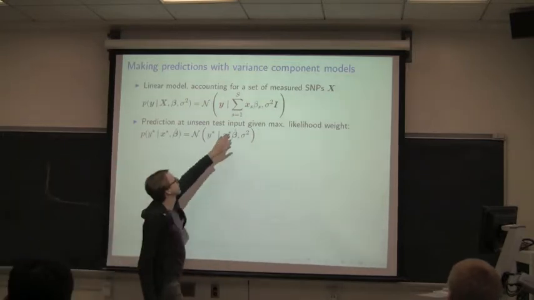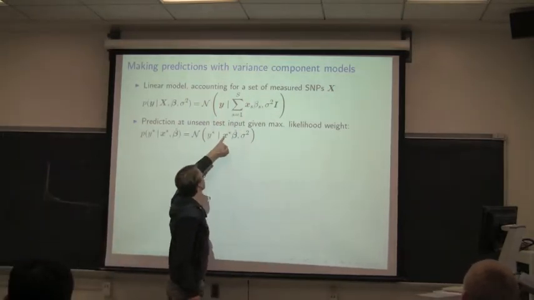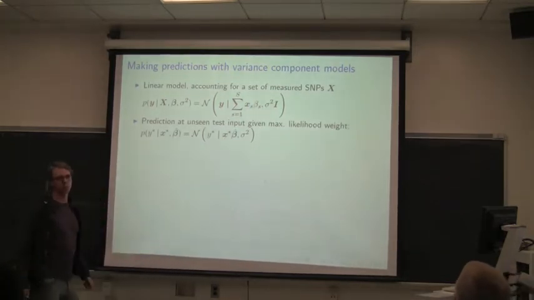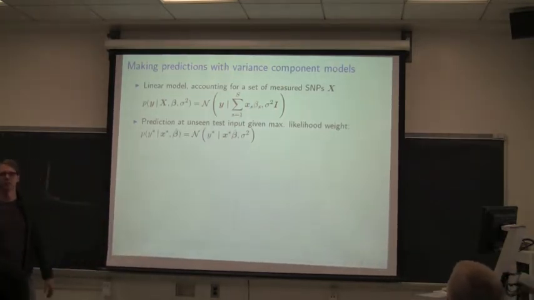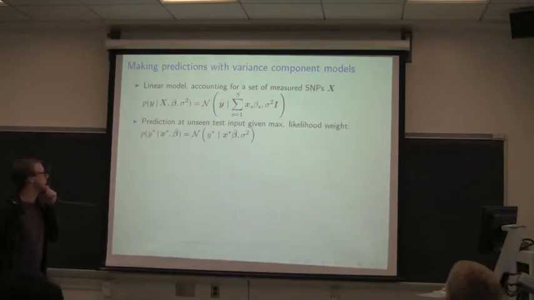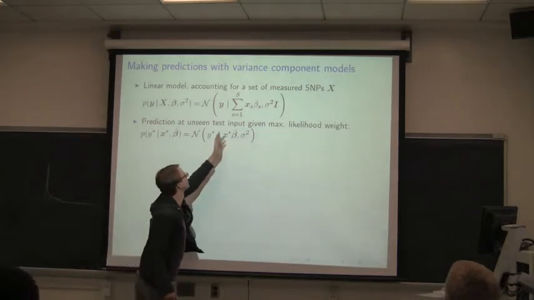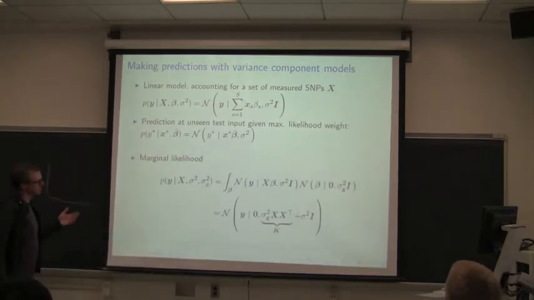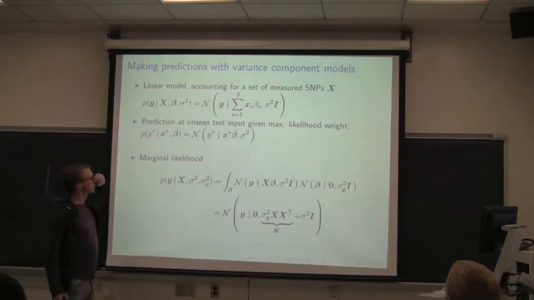So we have a training data set, then we have a new x star for which we compute the mean of y given that x star. And then the variance of y would be just the variance of that. That is the frequentist way of doing it.